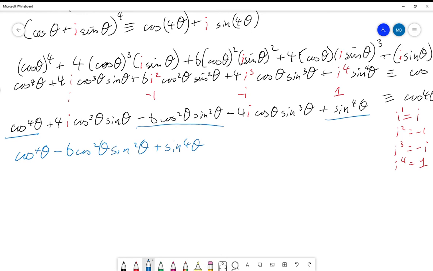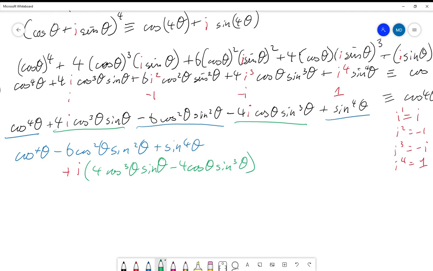Okay, and then plus i, because we now want the imaginary part, and the imaginary parts are this and this. We've factored out the i, so we're left with 4 cosine cubed theta sine theta minus 4 cosine theta sine cubed theta. And that is identical to exactly what's been on the right hand side every time, cosine 4 theta plus i sine of 4 theta.